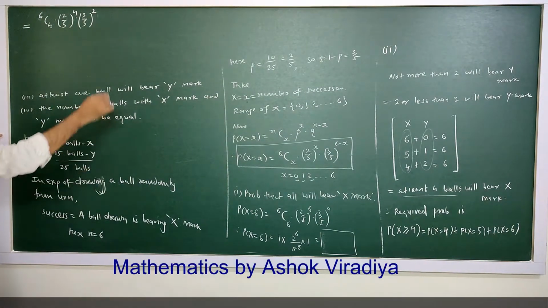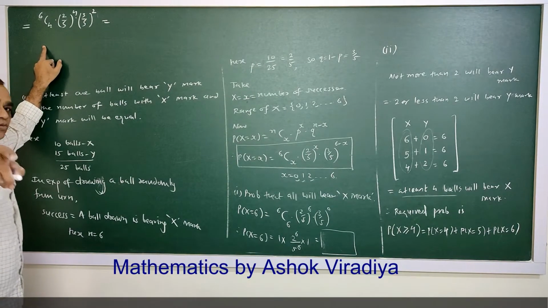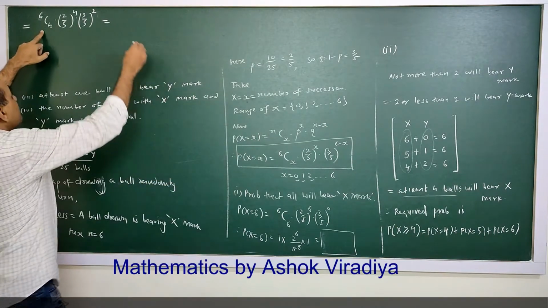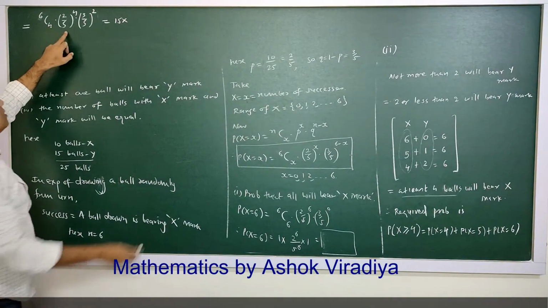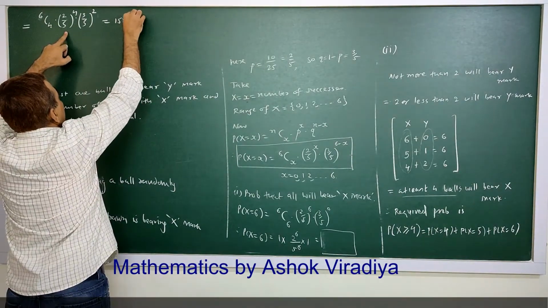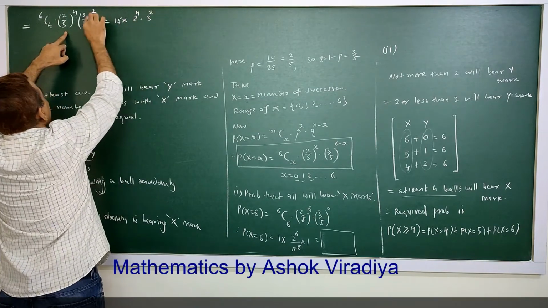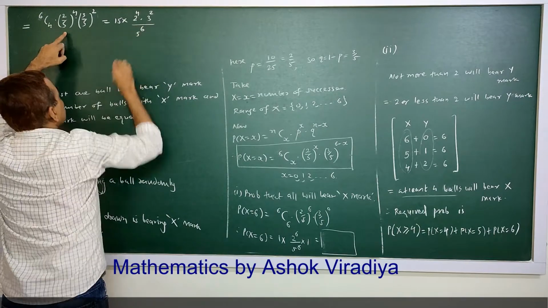Now 6C4 is 6C2, which is 6 into 5, 30, 30 by 2, that is 15. So this value is 15 into 2 raised to 4 into 3 square upon 5 raised to 6.